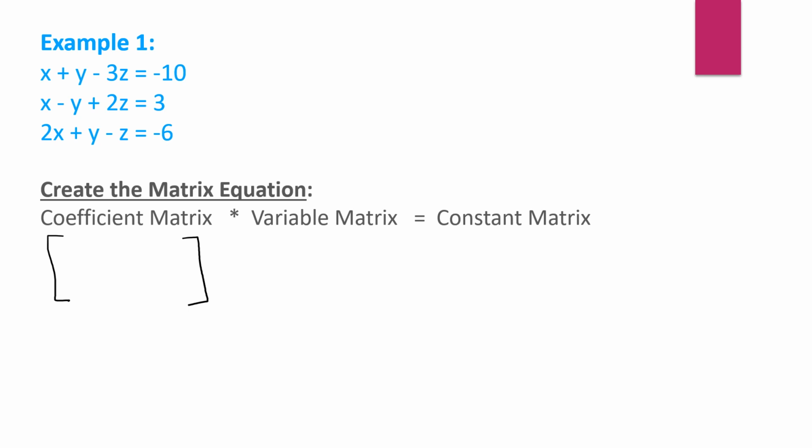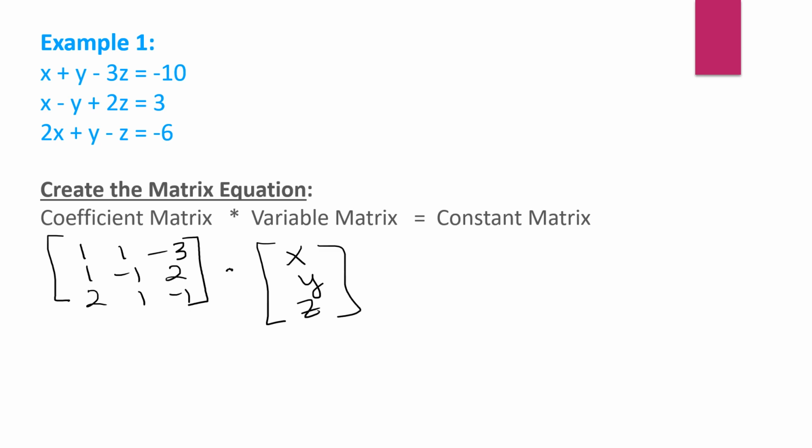So we're going to take the coefficients of the first equation, 1, 1, and -3, followed by the second row is the second equation, 1, -1, and 2, and our third equation is 2, 1, and -1. Those are our coefficients. We're going to multiply by, we have 3 variables, x, y, and z in this case, and our constant matrix are those values that our equations equal, -10, 3, and -6.